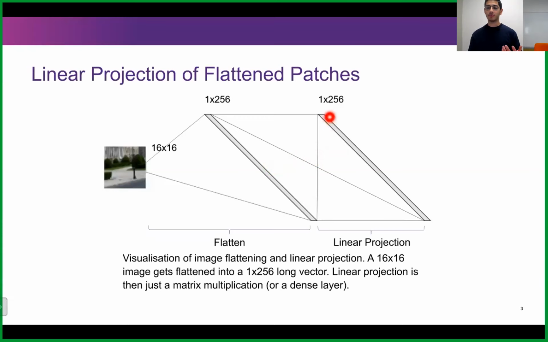In this case, I've shown the output of the linear projection as the same size, so 256 in length. But I think in the original paper, it might have been smaller. So this is just some sort of embedding of the image. You flatten it, and then you do some matrix multiplications to project it onto what they call the transformer space, or something that would make sense for a transformer as an input.